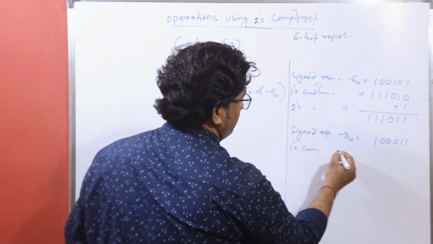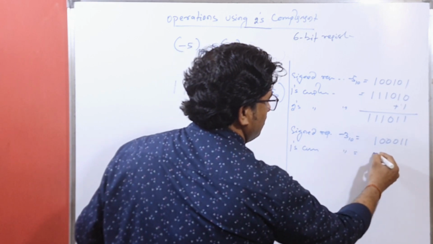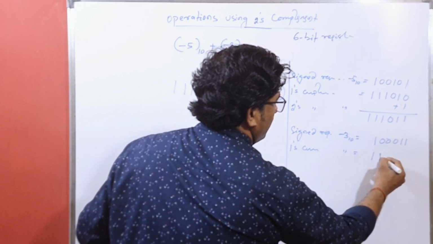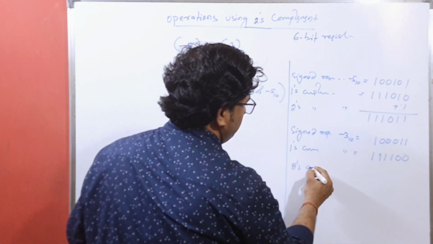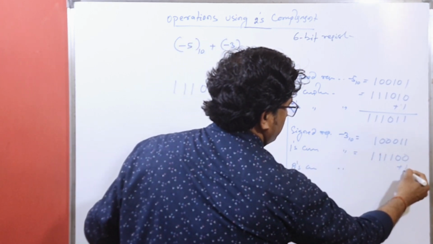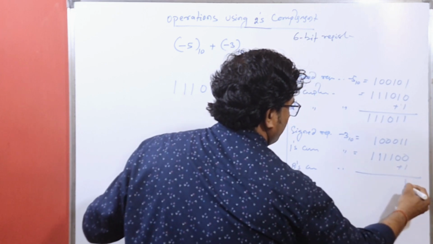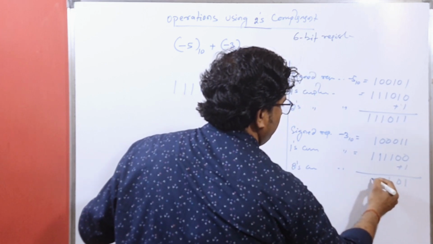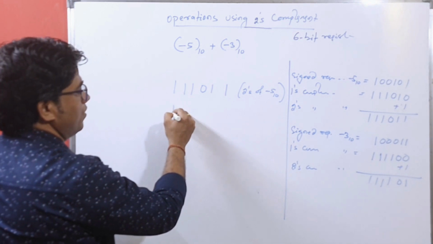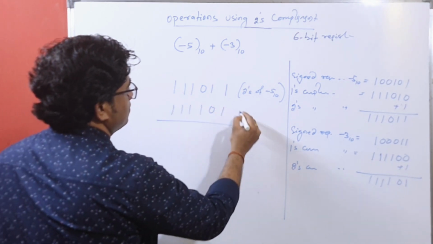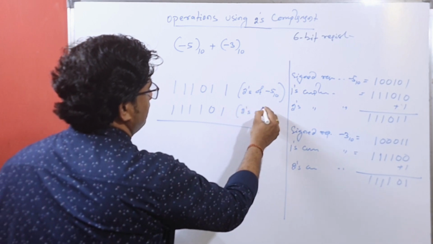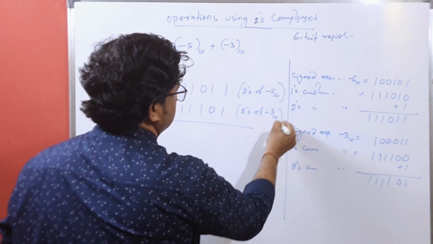Similarly, the 1's complement of minus 3 base 10 equals 1 1 1 1 0 0. And for the 2's complement, simply add plus 1 here, and it will be 1 1 1 1 0 1. So this is the 2's complement of minus 3 base 10.